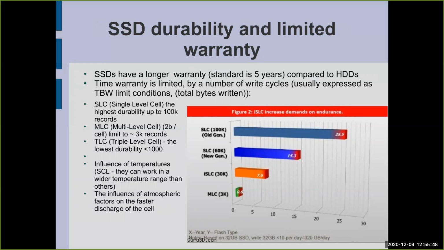So there are solid state drives consisting of single level cells, and every cell can be written 100,000 times. In hard drives you can buy in standard shops, you don't have solid state drives like this.